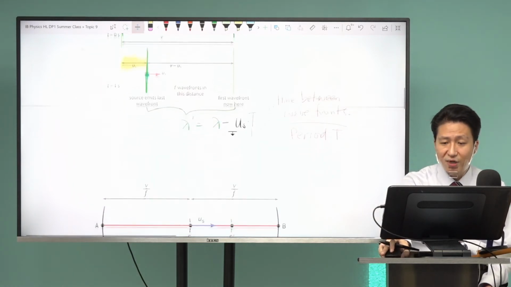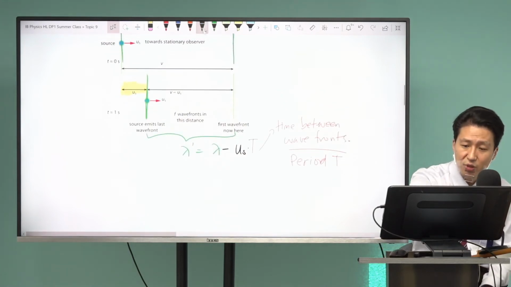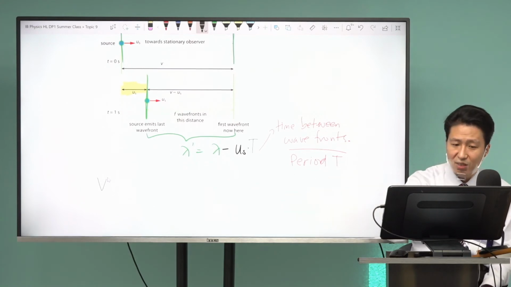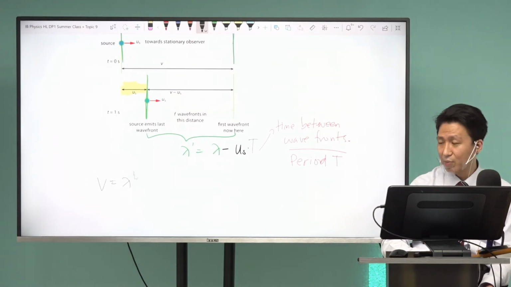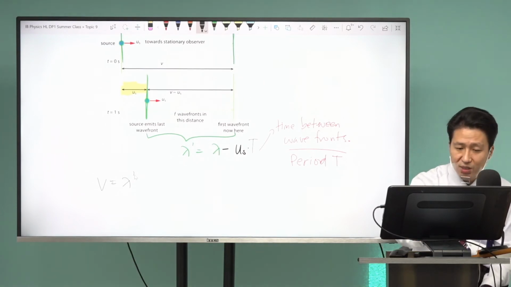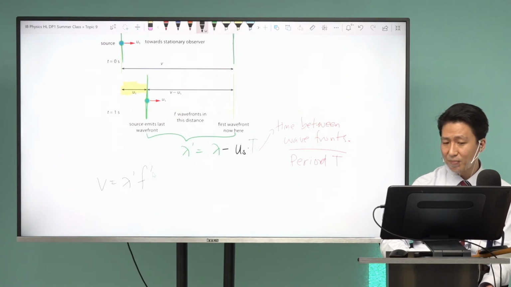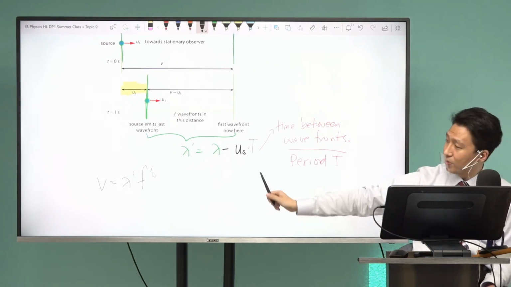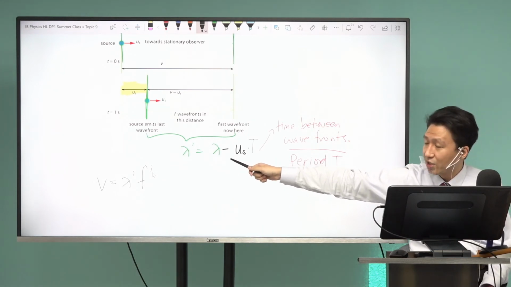If we know the wavelength, the person listening to this will perceive the wave has a velocity v. It's going to have this new wavelength, right? Because it's coming towards him. And you have to multiply it by the new frequency that he's going to hear, right? So we're going to replace these wavelengths such that you can find the frequency.